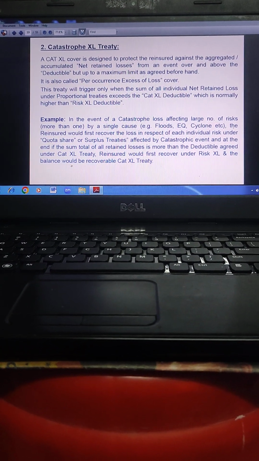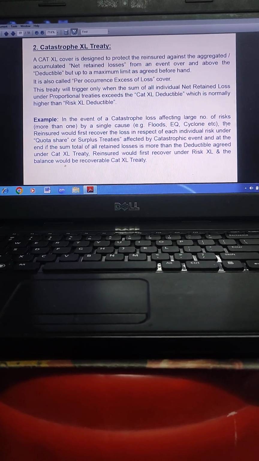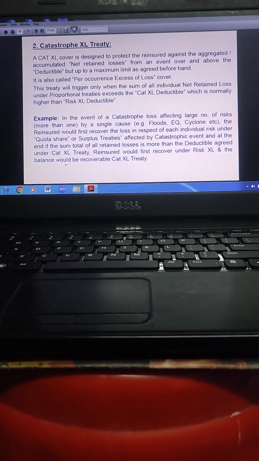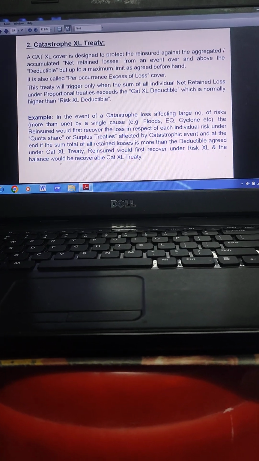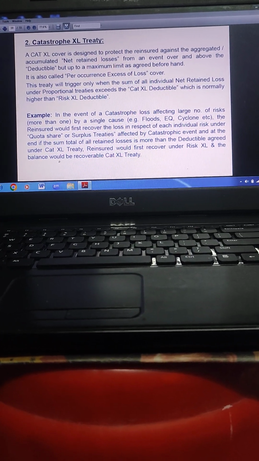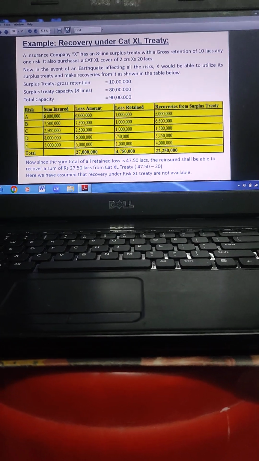So it is also called per occurrence excess of loss cover. This treaty will trigger only when the sum of individual net retained losses under the proportional treaty exceeds the CAT excess of loss deductible, which is normally higher than the risk excess of loss deductible. Examples you can see.